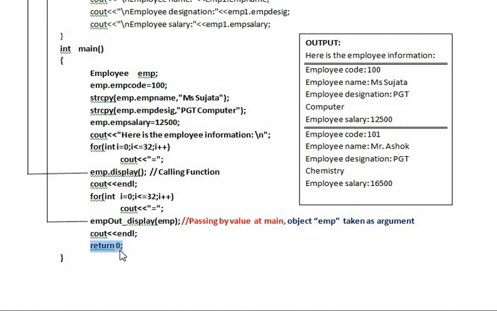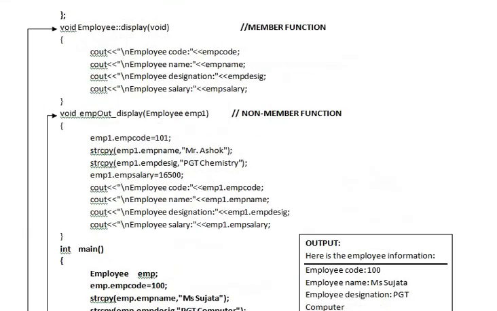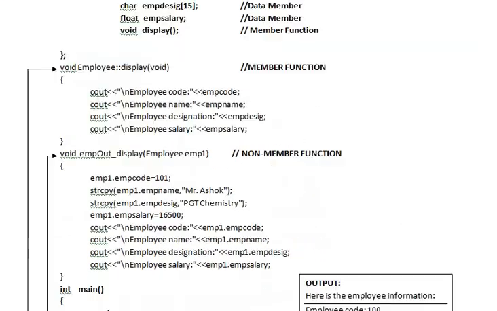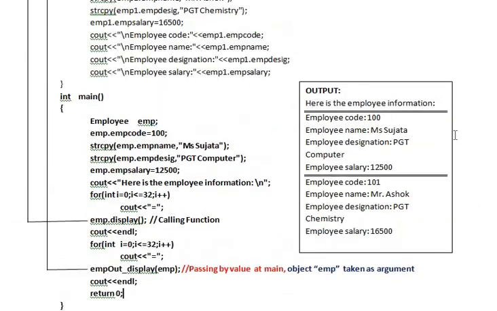As 0 is an integer, that's why I have put the data type of the main function as int, not void. Okay, if I put void, I can't put return 0 over here. So once you execute this entire program, you get to see this particular output.